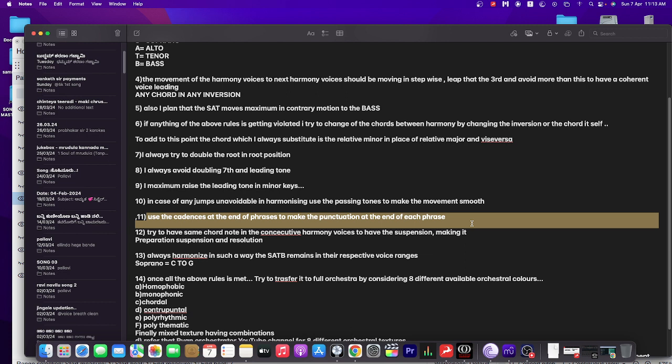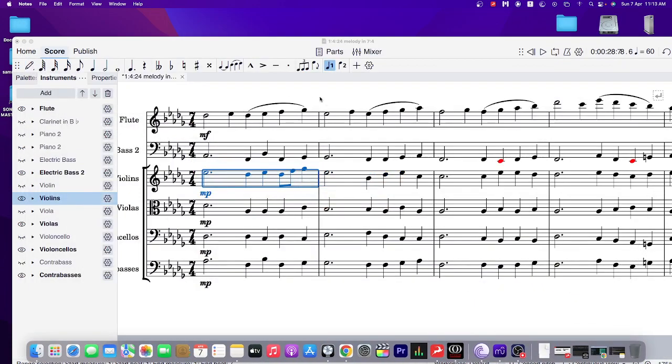See, while the music is going, the phrasing is very important. You should be able to tell what the phrase is. See, this is one phrase. So this one phrase should end in a cadence, like a perfect cadence or plagal cadence. It sounds very good when you do that.